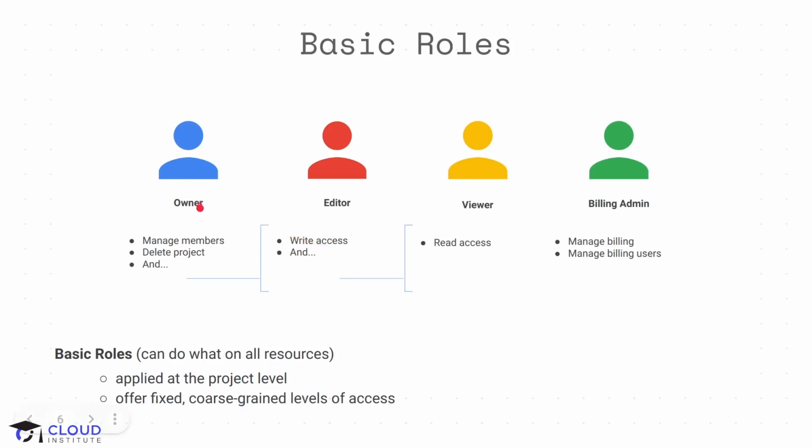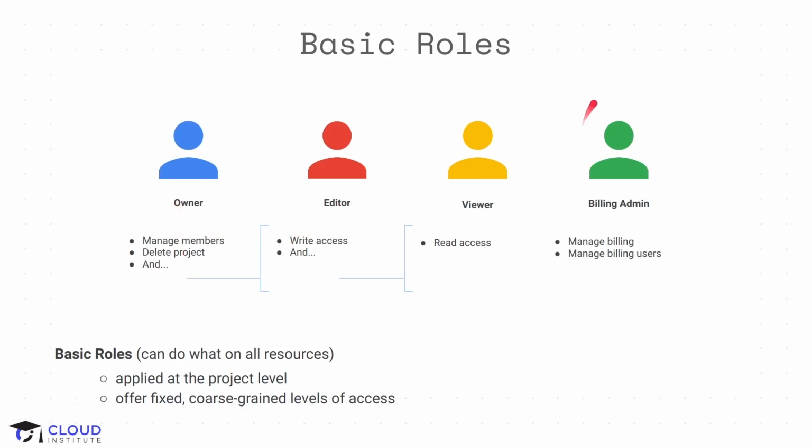And there is also the owner role, which has the editor privileges and can also manage members, so it can add new members and give them the editor or viewer role, and it can delete the project itself, and it can give any member any role the owner wants.